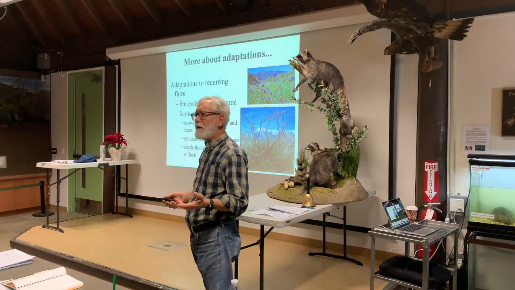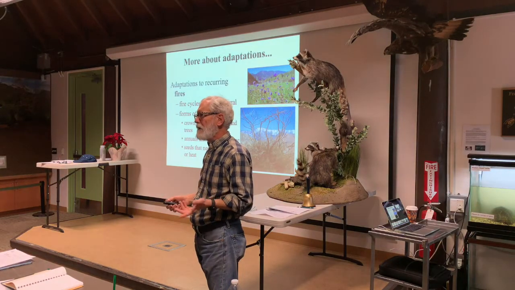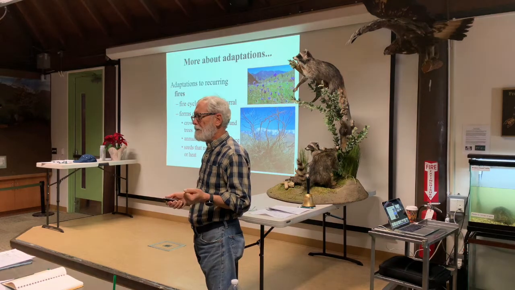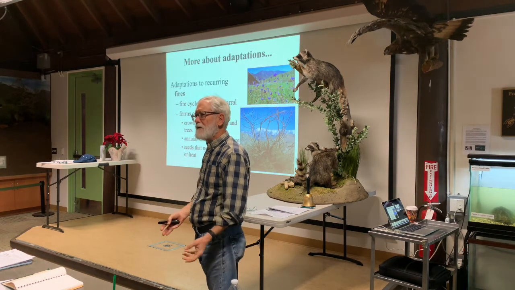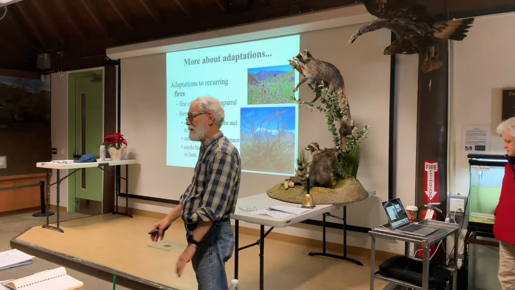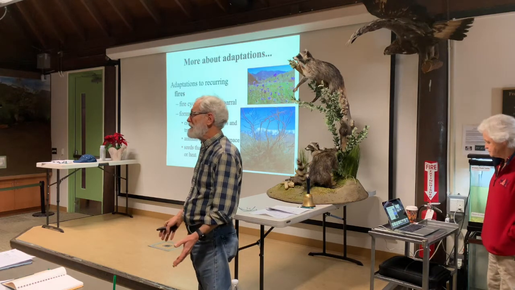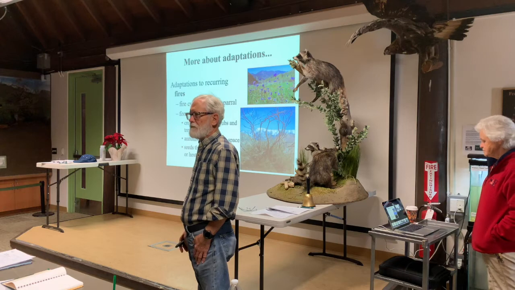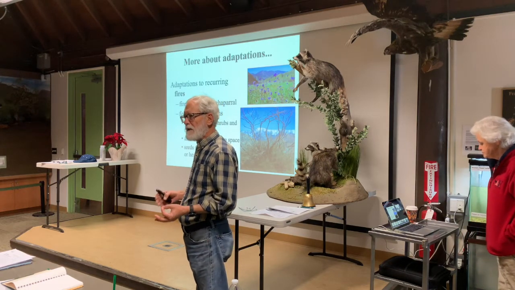And another very common way in the chaparral or sage scrub communities is to have seeds that fall to the ground and get mixed in the dust. These are seeds that do not germinate until the fire comes. They need specific things in the fire.